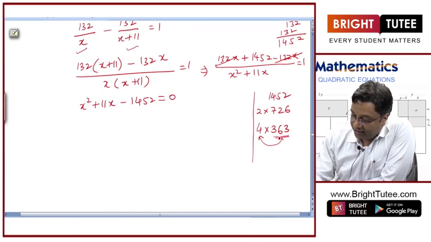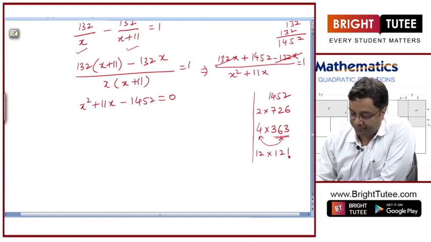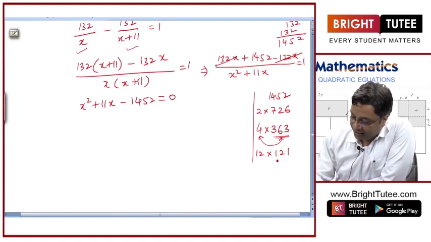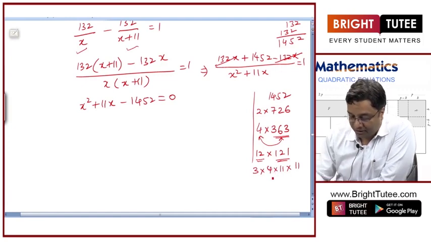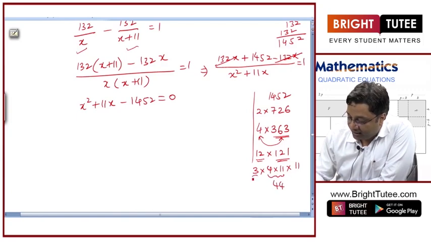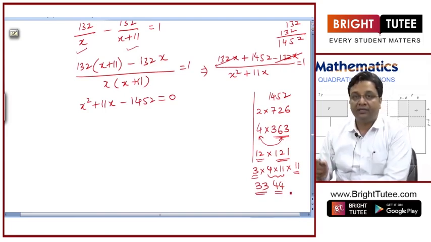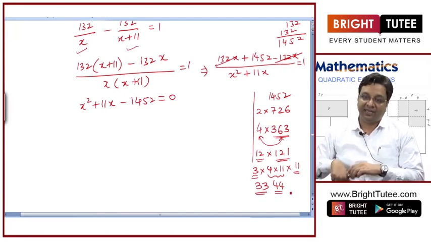Now I can divide it by 3. 12 into 121, right? Again 121 can be written as 11 into 11. And this can be written as 3 into 4 into 11 into 11. Now if you see this, I can write 44 and another factor can become 33, right? The difference of these two factors is 11.